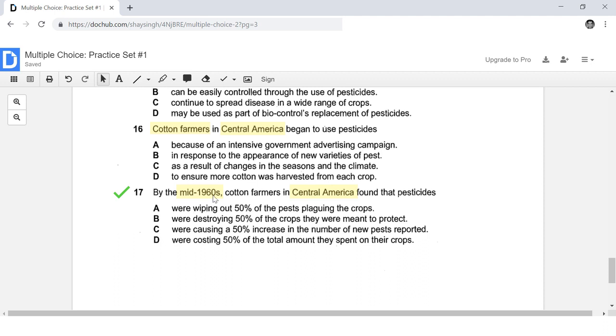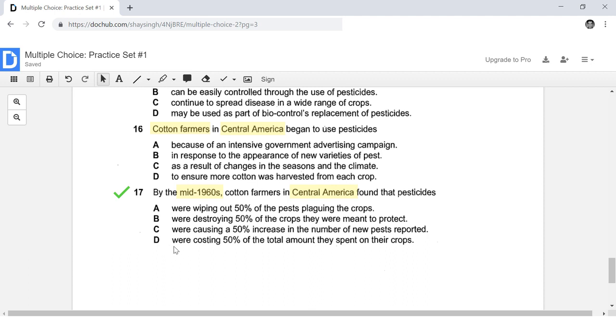So it has nothing to do with option A. Option B says that the pesticides were destroying 50% of the crops that they were meant to protect? Nope, says nothing about that. C says that they were causing a 50% increase in the number of new pests reported. No, it doesn't say that at all. It says that there were outbreaks of 4 new pests, but it doesn't say that there was a 50% increase in the number of new pests. So option C is also wrong.